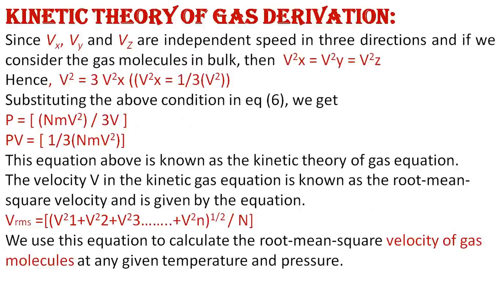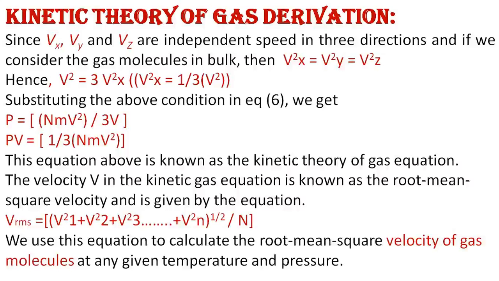Now here there are three coordinates, x, y and z, which are independent directions of the gas molecule's speed. If we consider the gas molecules, then v square x is equal to v square y is equal to v square z. Hence, v square is equal to 3 v square x, or v square x is equal to 1 by 3 v square.